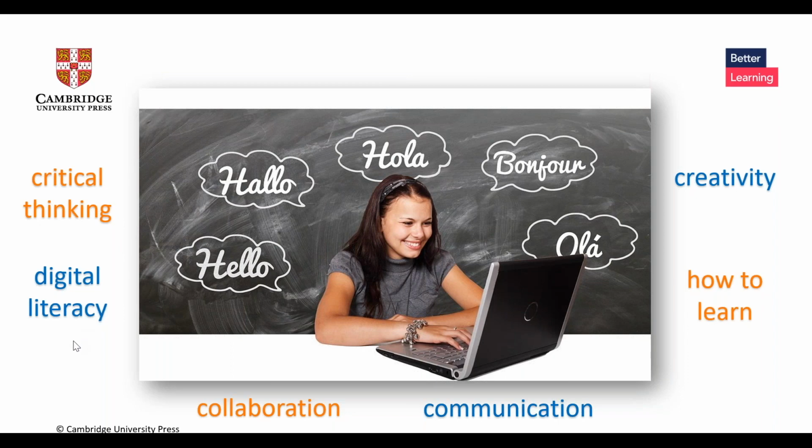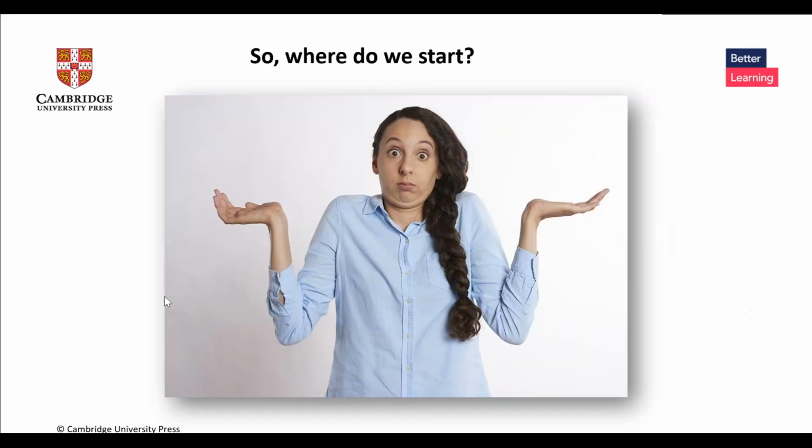And they're learning these skills in their other school subjects as well. So they're not just specific to learning a language, but they are all relevant in their own way in language learning. Basically, we're helping them become 21st century global learners, which is quite a lot for us as English teachers to take on. So where do we start?